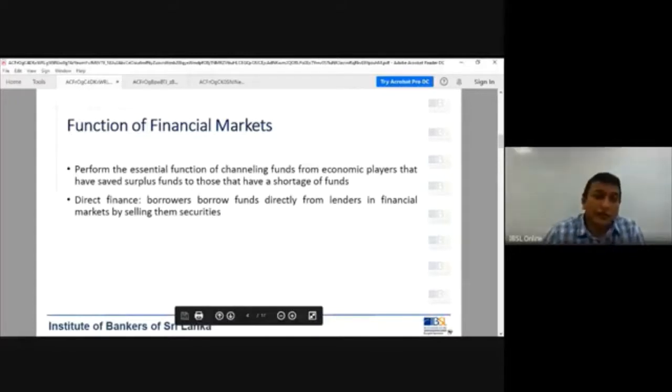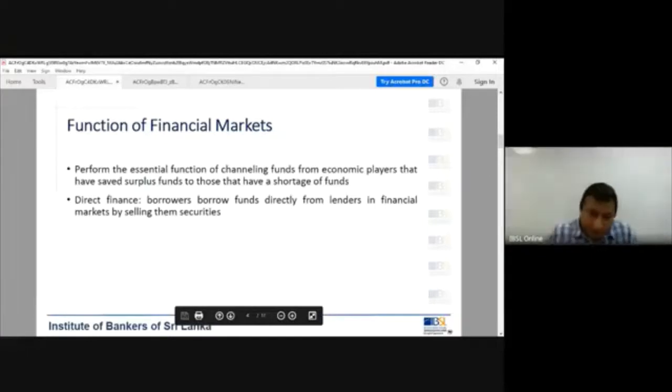So then you see another function of a financial market is direct finance, right? So there are two aspects of financial market structure. One is direct finance, the other one is indirect finance. We'll come to those in greater detail. But in direct finance, you borrow funds directly from lenders in financial markets by selling them assets.